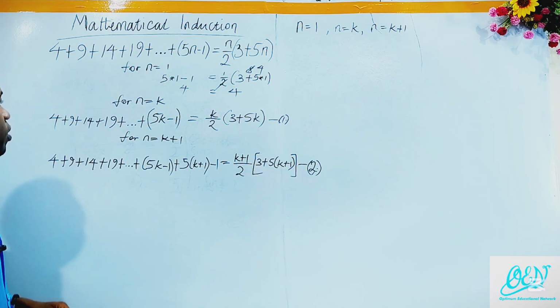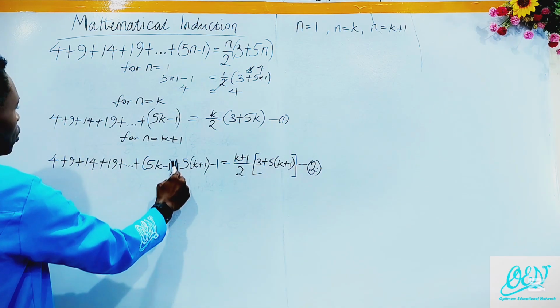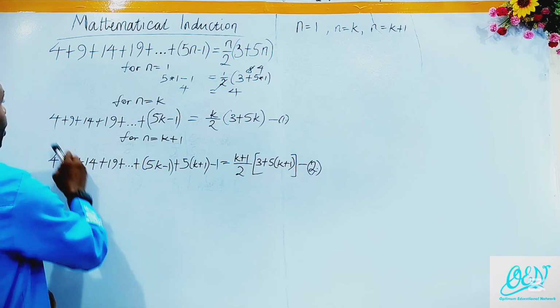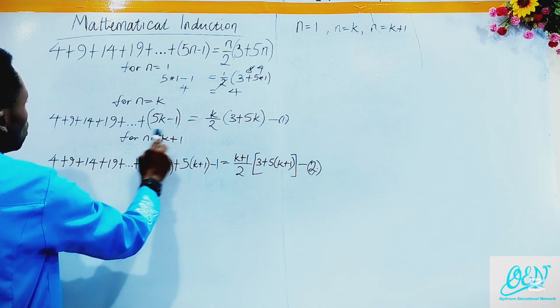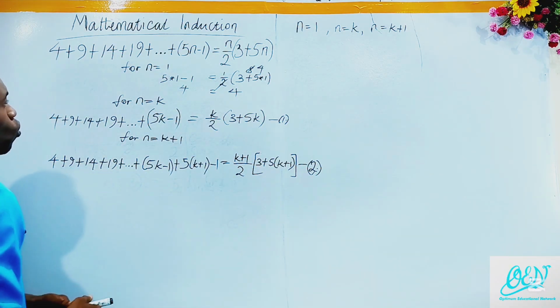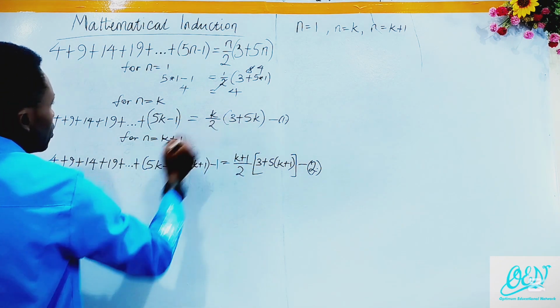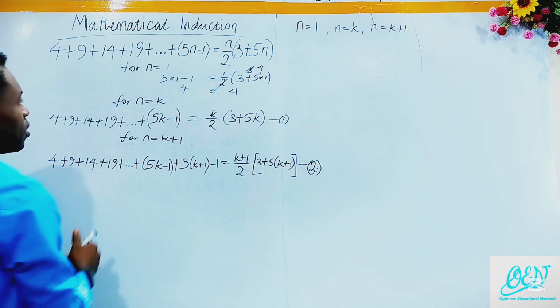Now at this point you can see that this whole region is identical to this whole region, and this is equal to this. So we can just replace this with this, since this is the same thing as this.